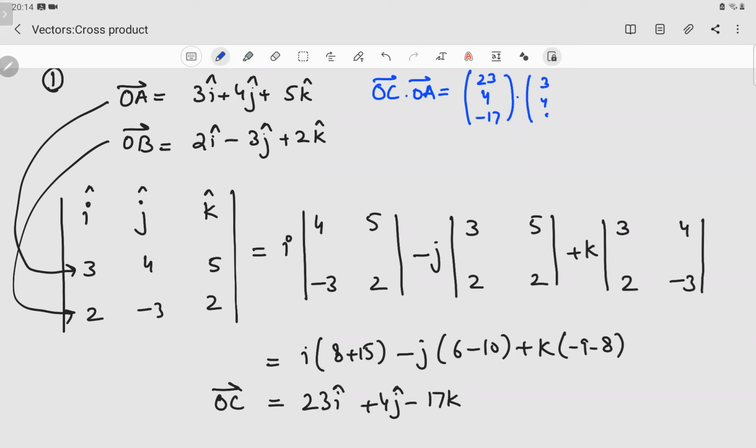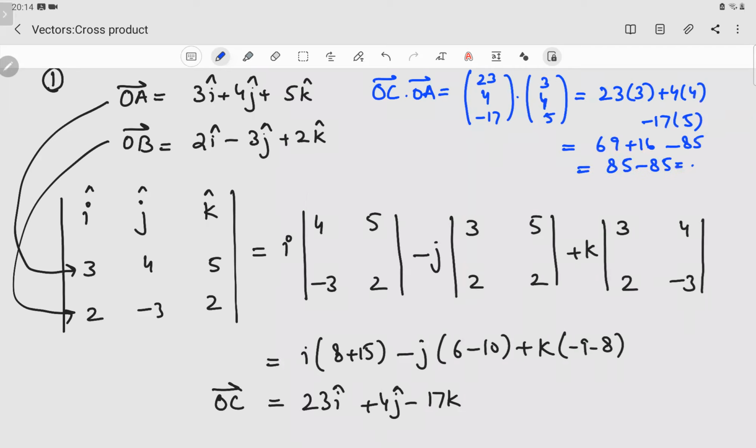If we calculate the dot product using the properties of the dot product, I think if you have done P3 you must know, it's 69 plus 16, and 17 multiplied by 5 gives you what? 85. 85 minus 85 is equal to 0.